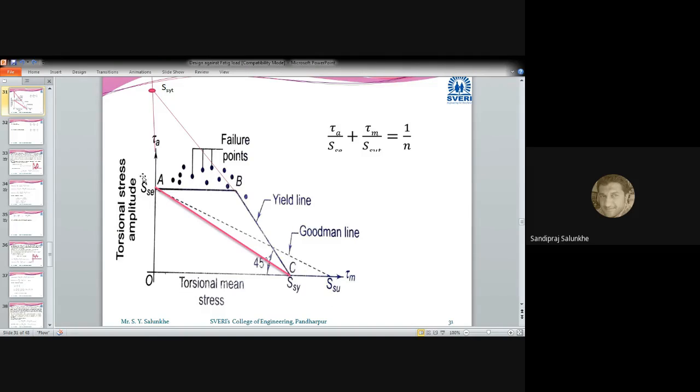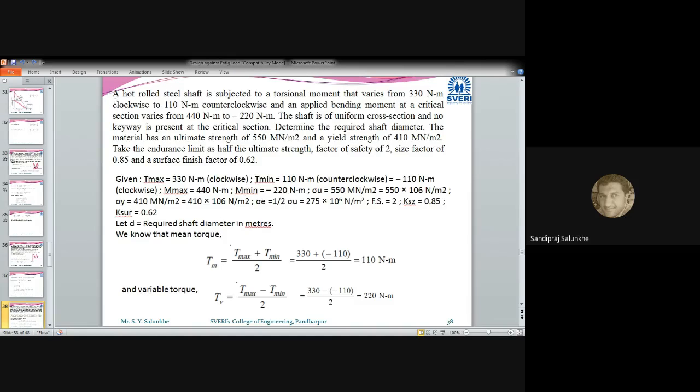Those values we need. In that case, we can draw this Soderberg diagram, the Goodman diagram, and the modified Goodman diagram also. In this case, the Goodman formula has sigma replaced by tau. That is the only change. And this problem is related to the shear stress.